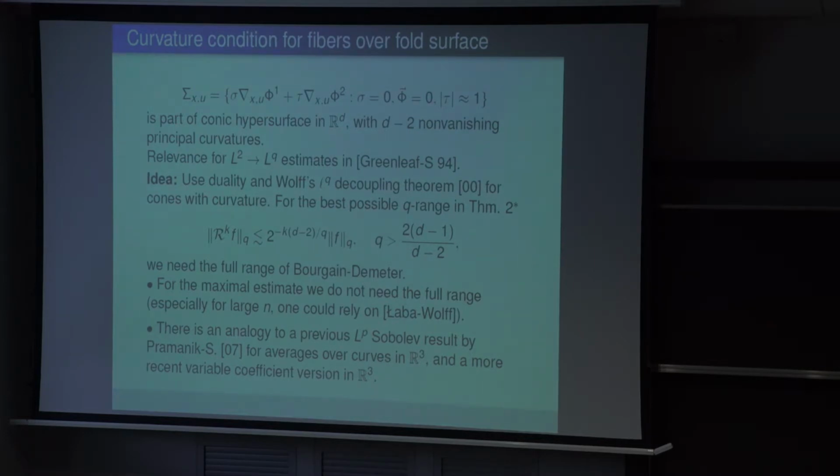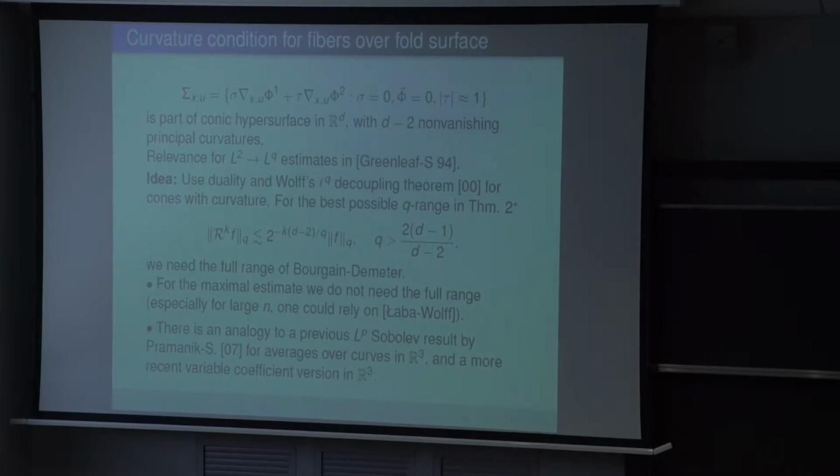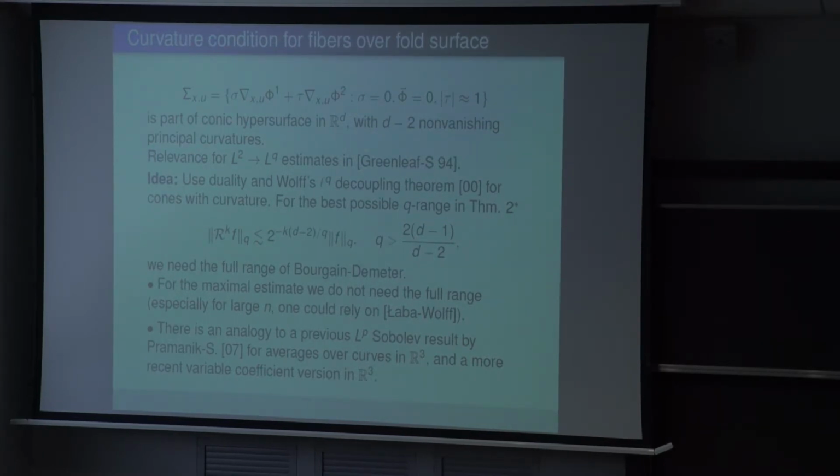And so if you are in this case of an operator with a fold singularity on one side even, but here we have it on both sides, a curvature condition in the fibers, so we fix x and u, and then we look at the canonical relation at the normal bundle over x, u.